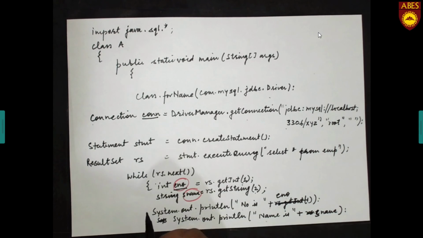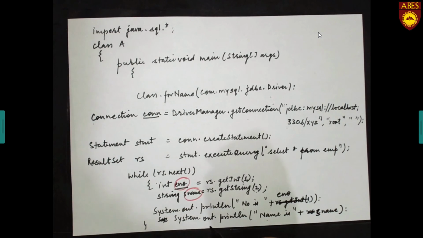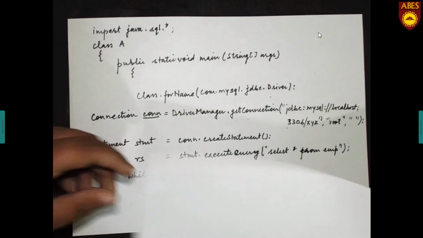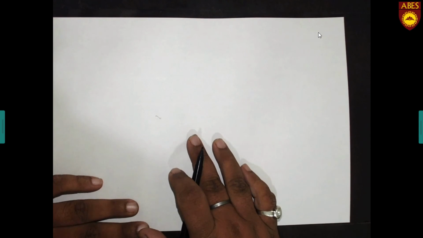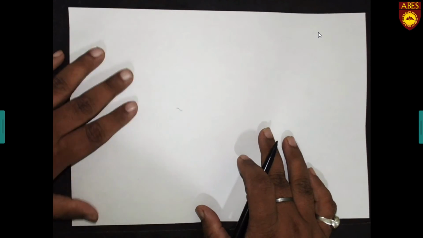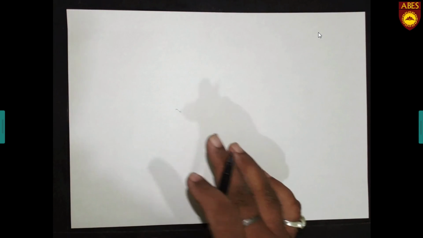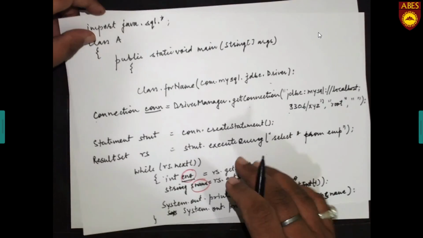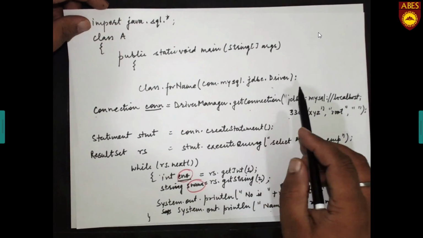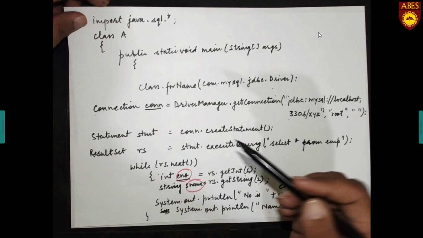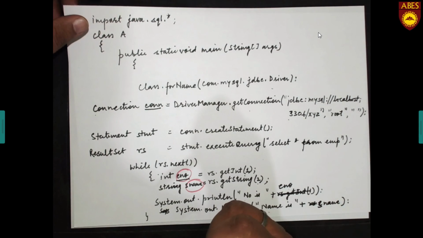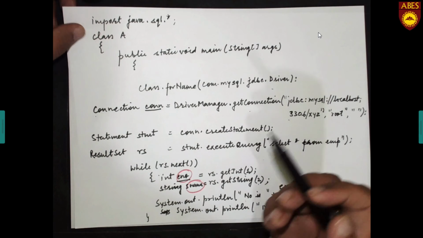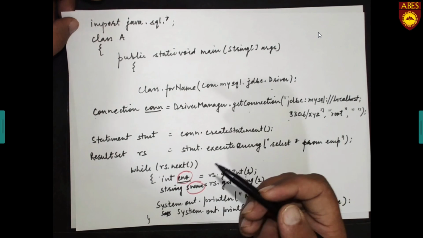Now we have seen that we are using the com.mysql.jdbc.Driver class. Suppose this class is not available or the connection is not able to be established at runtime, so we need to handle the runtime error.